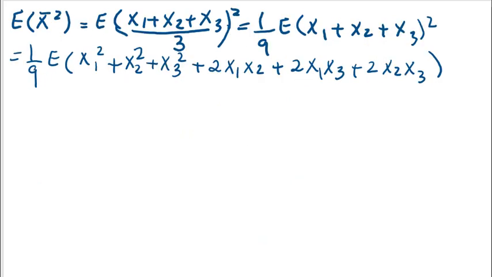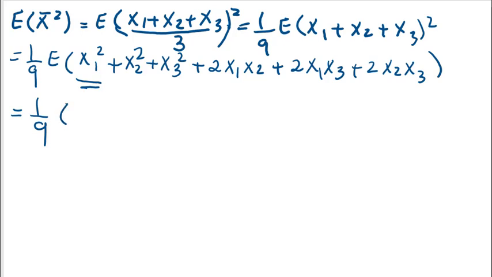So in here, we have 1/9. Expectation of x1 squared would be sigma squared plus mu squared, and the same for the other two.